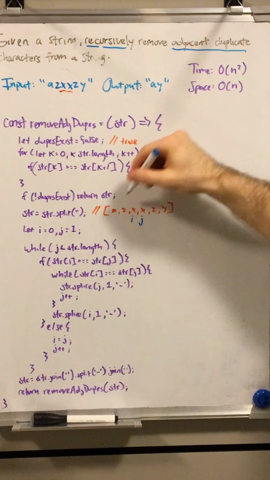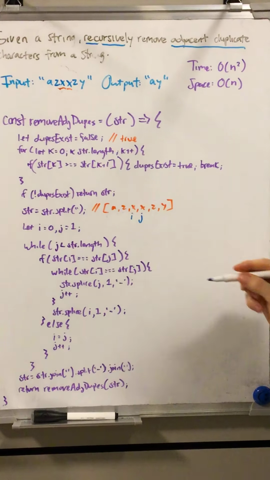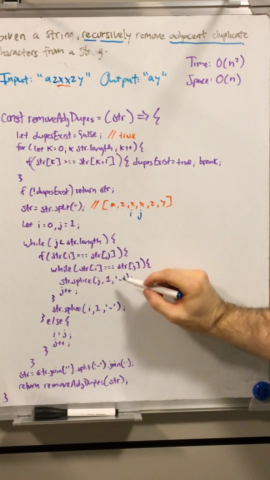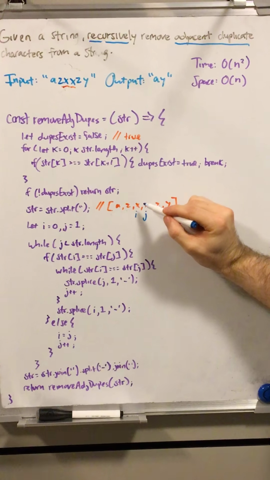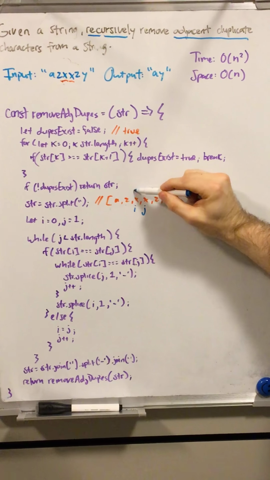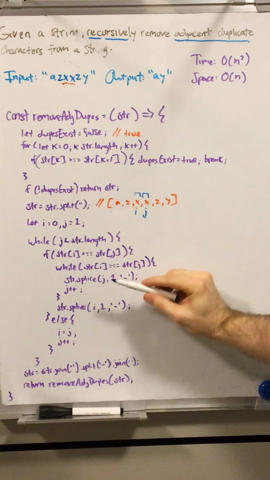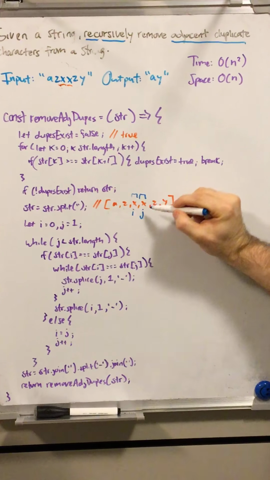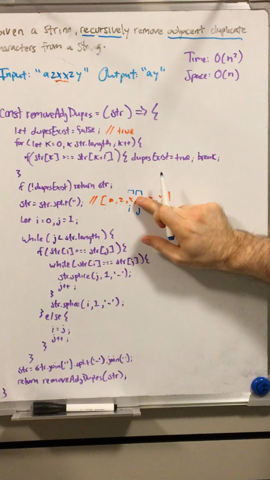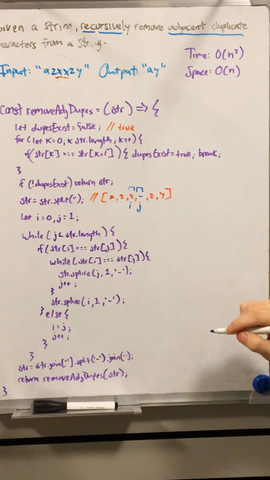Now we have two that are equal to each other, x and x. So at this point, we enter into this if statement, and we say while the values at i and j are equal to each other, let's replace what's at j with a dash mark.